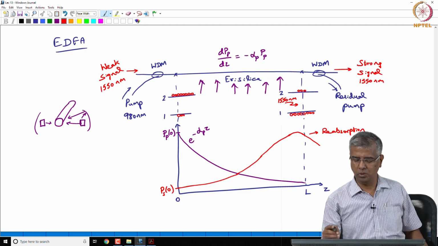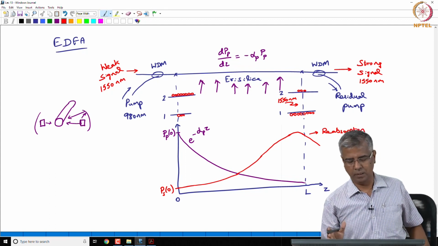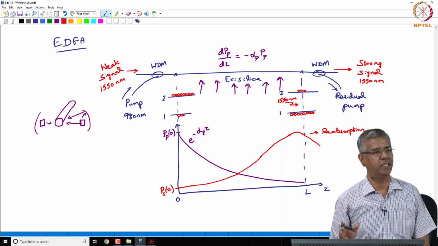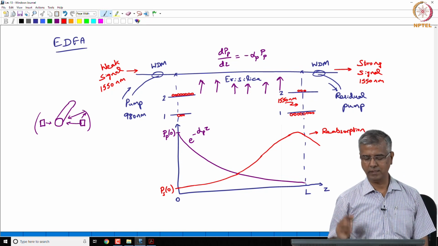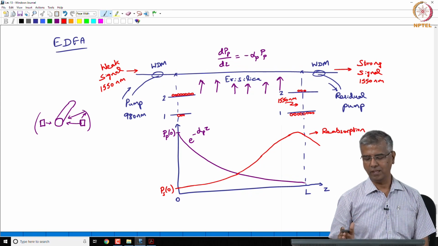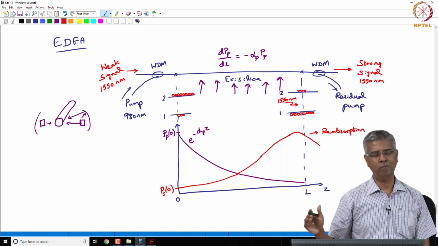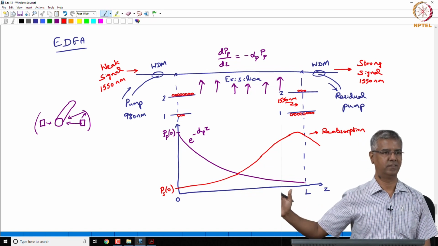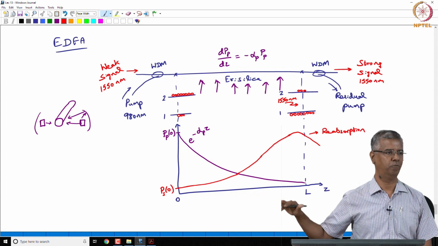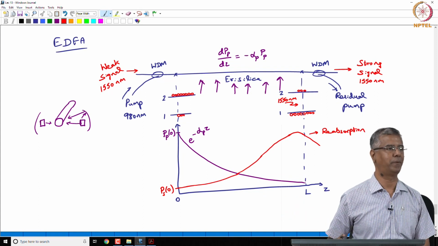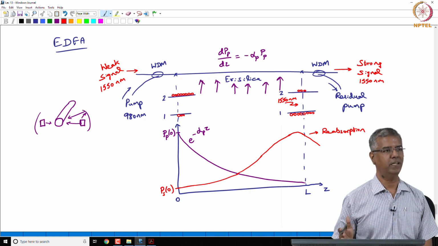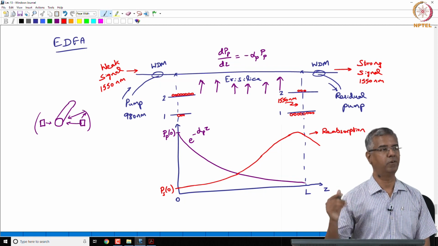Okay. So there is a question of optimization of your length, right. There is a question of optimization of the length in the sense that if you have such a long length that you have very few pump photons towards the later part of the fiber, it's actually not helping you. So you have to do some modeling to see how your absorption is happening, for a given pump power.